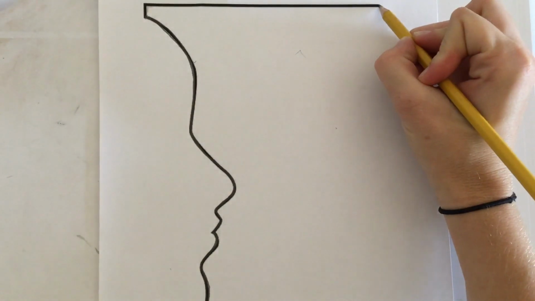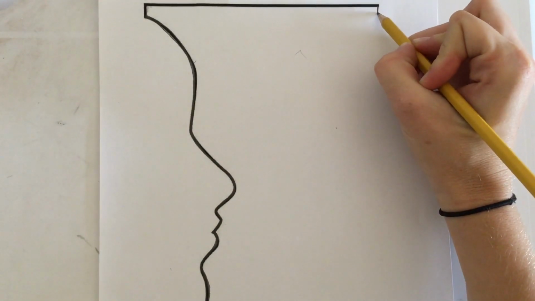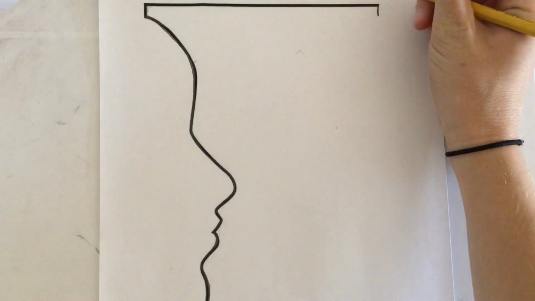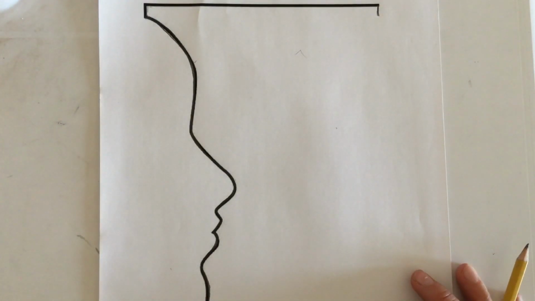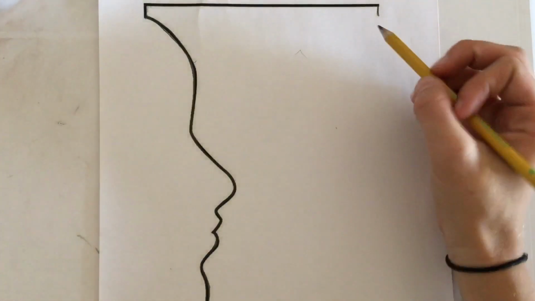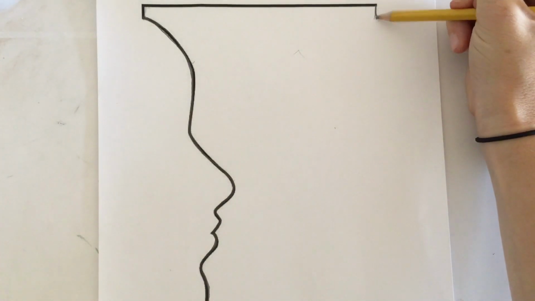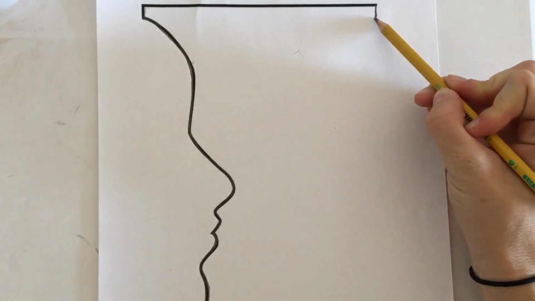So to start, I'm going to draw a line here. I'm going to have to be extremely careful just because this camera is sitting a little bit higher than me. So my picture might look a little bit off. Okay. So I've got my starting point. Here we go.